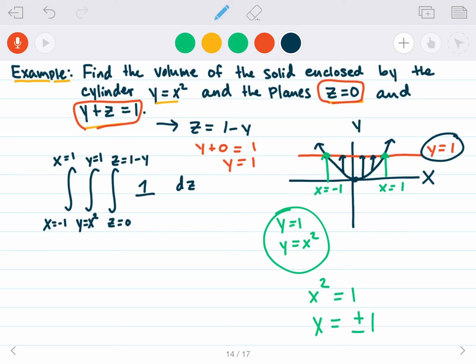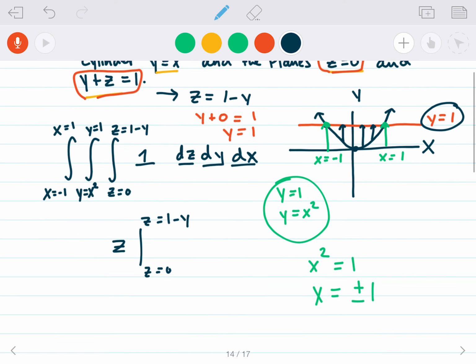Now let's go ahead and integrate this thing. So we're going with respect to z, then with respect to y, then with respect to x. Okay, so with respect to z, this thing integrated is just z, and we're going from z equals 0 to z equals 1 minus y.